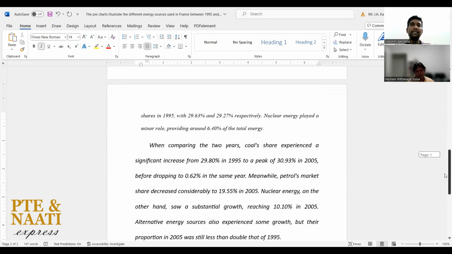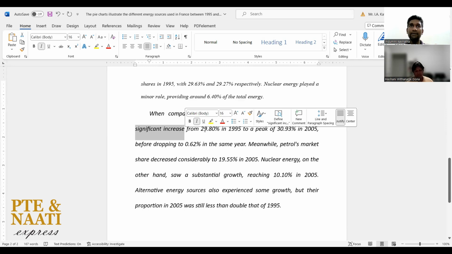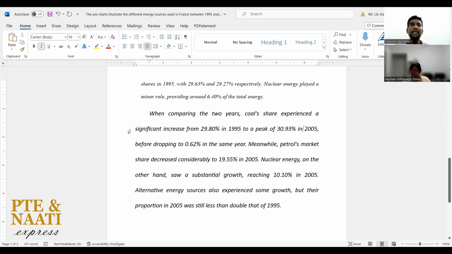And after that, in the third paragraph, you can talk about a comparison with regard to 2005. When comparing the 2 years, coal's share experienced a significant increase. Now, since we can understand by 29.80 and 39, we can use the language that we used in the line graphs, which is very similar to the language we used in describing bar charts.